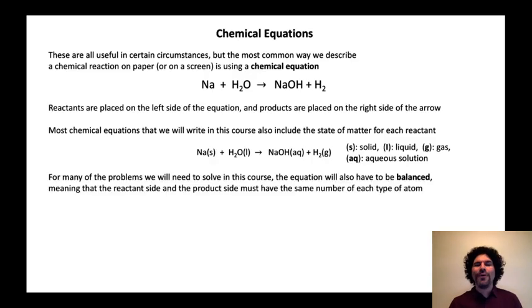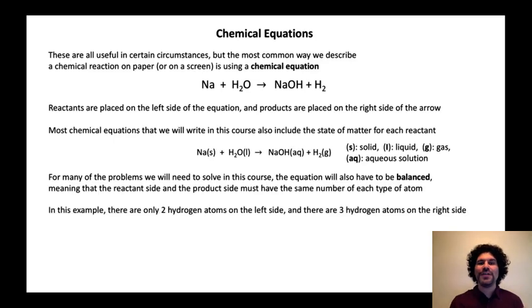One more point I want to introduce in this lesson. For many of the problems we will need to solve in this course, the equation will also have to be balanced, meaning that the reactant side and the product side must have the same number of each type of atom.